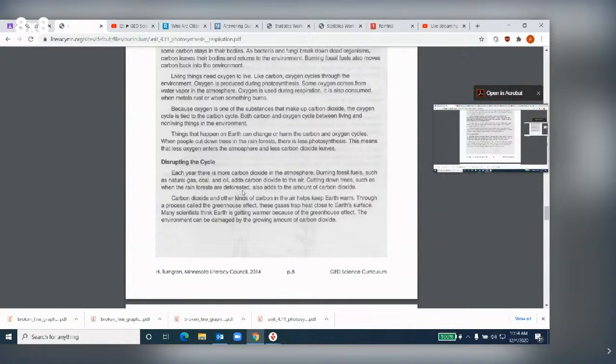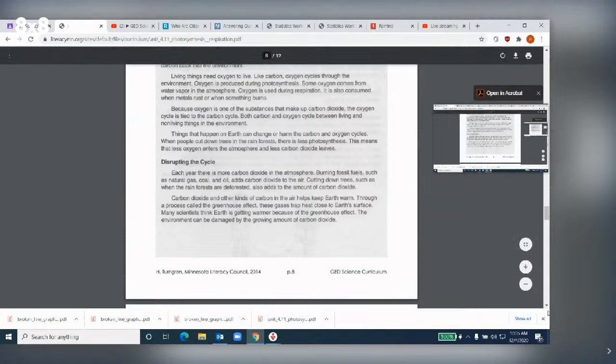Cutting down trees, such as when the rainforest is deforested, also adds to the amount of carbon dioxide. Carbon dioxide and other kinds of carbon in the air help keep the Earth warm. Through a process called the greenhouse effect, these gases trap heat close to the Earth's surface. Many scientists think the Earth is getting warmer because of the greenhouse effect. The environment can be damaged by the growing amount of carbon dioxide.